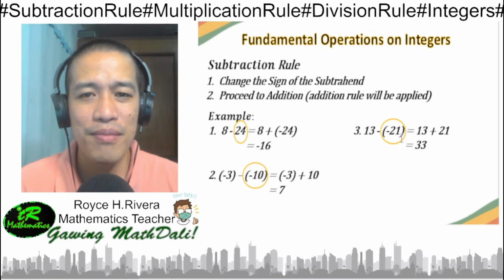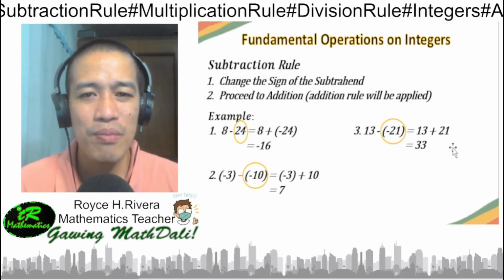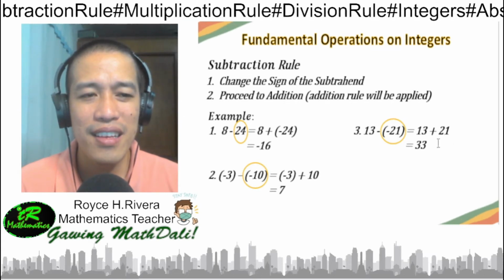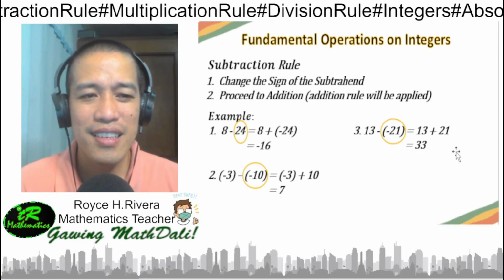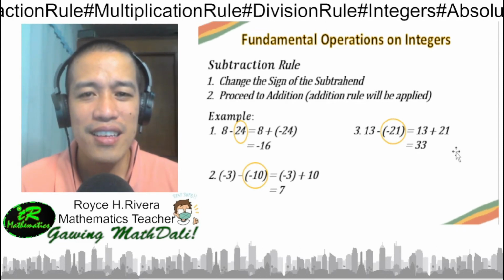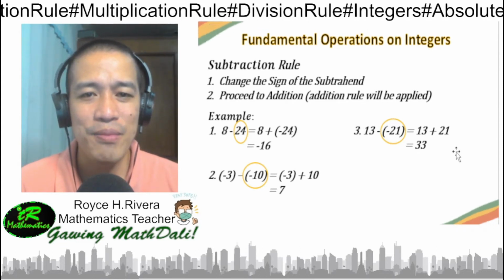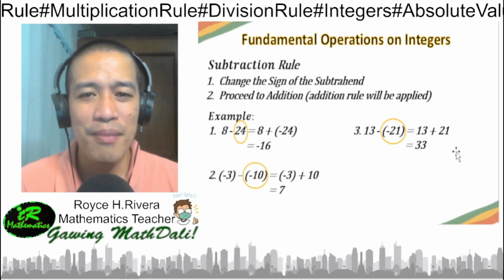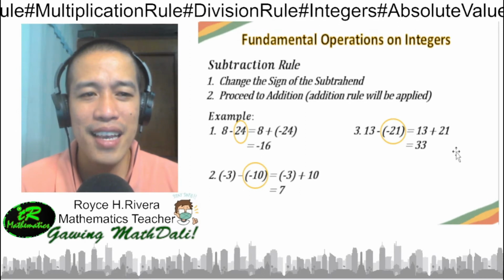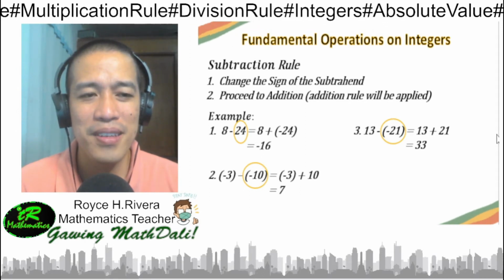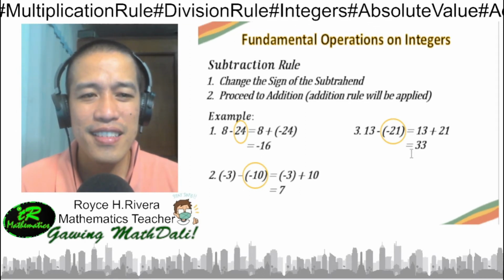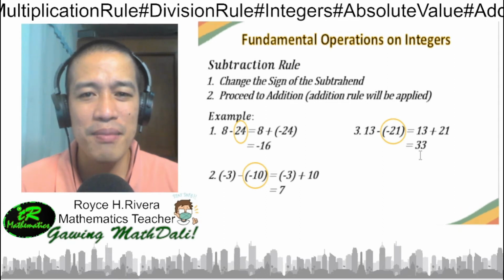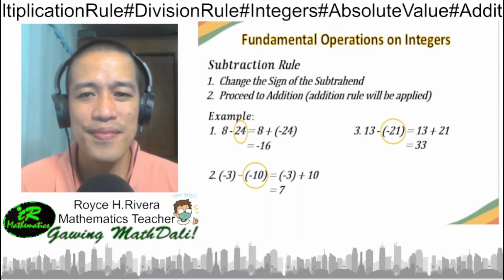From negative 21 to positive 21, and then we add. So we are adding integers of like signs. Add the numbers and copy or keep the sign of the numbers. So the sum is 34.